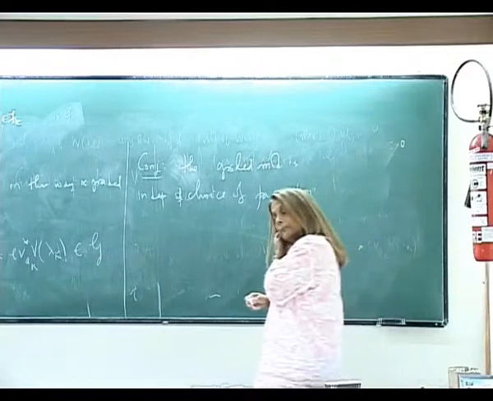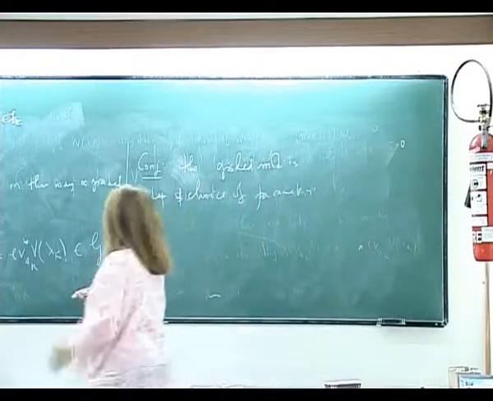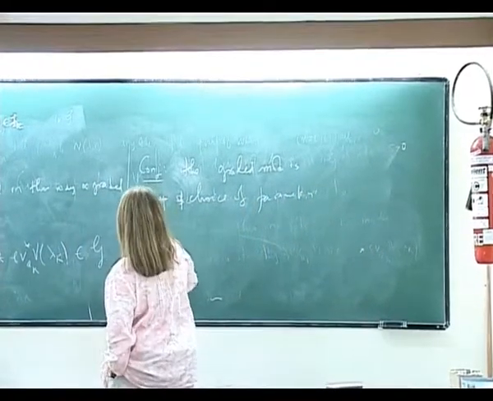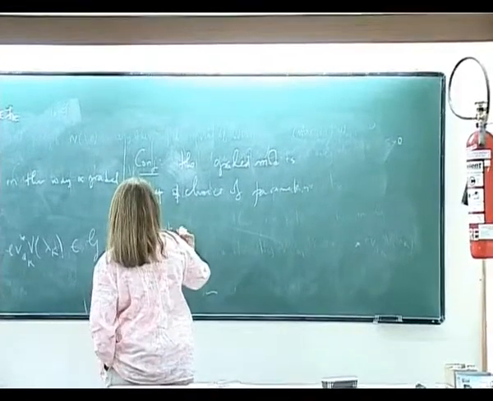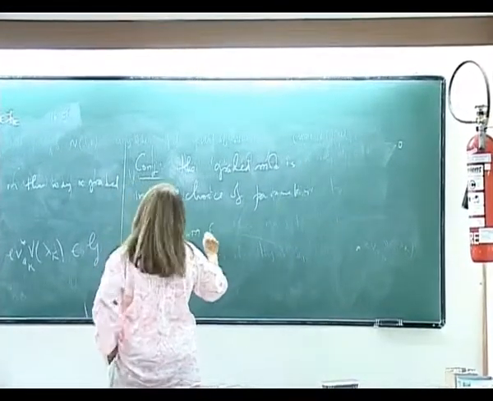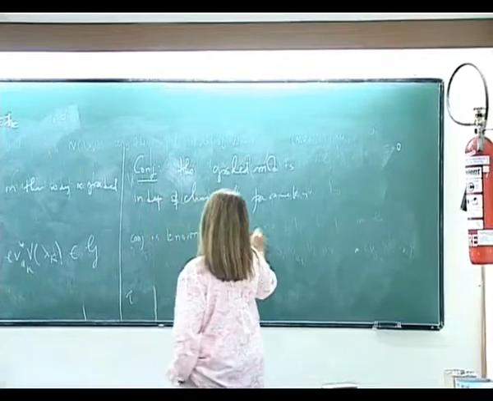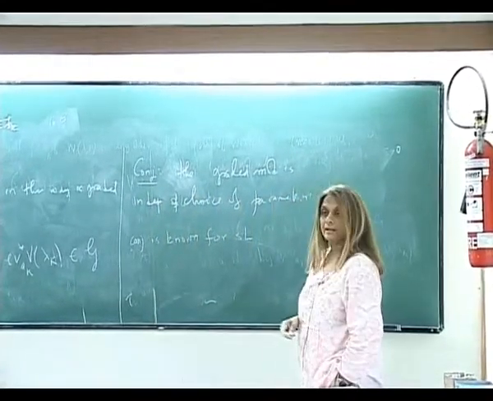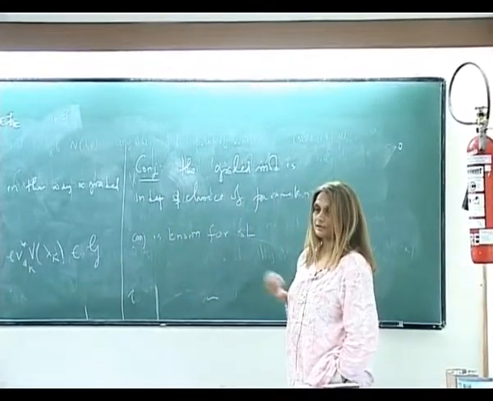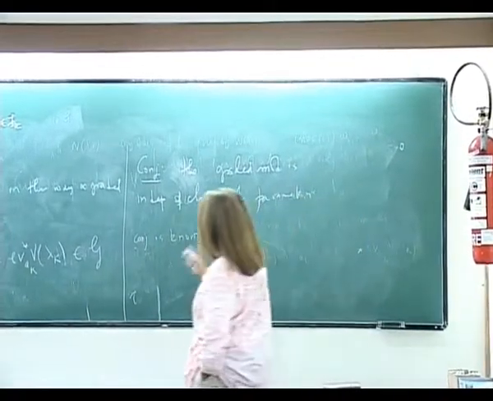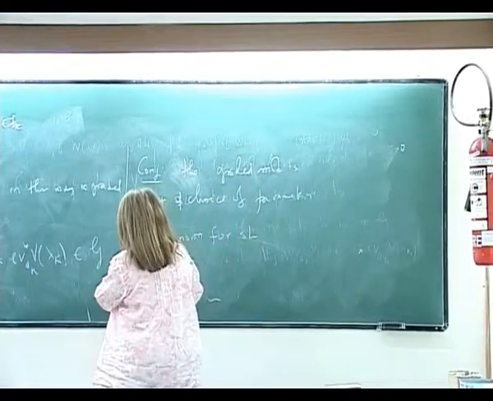And this conjecture is known for SL2. Maybe they even proved it for SL2. But in other cases, it's only known for certain special representations. Not known in full generality otherwise.